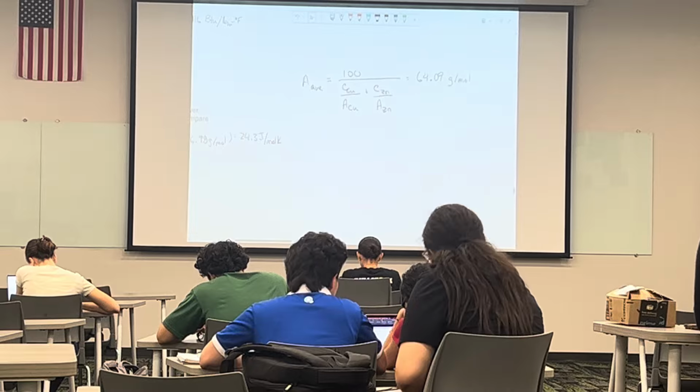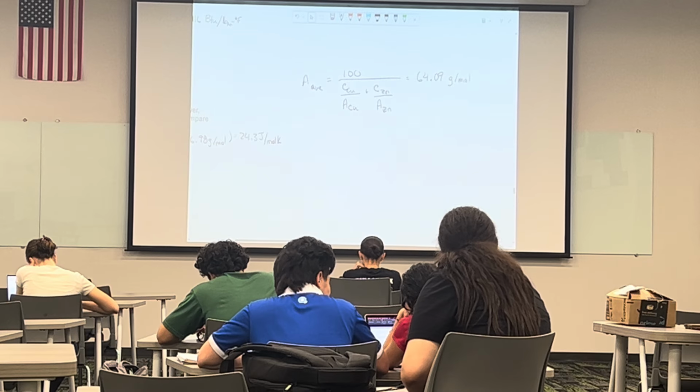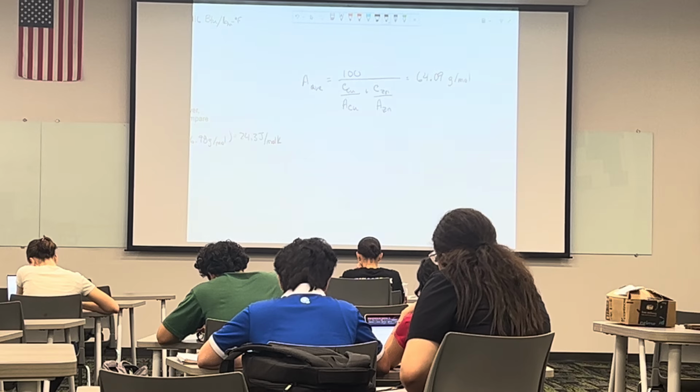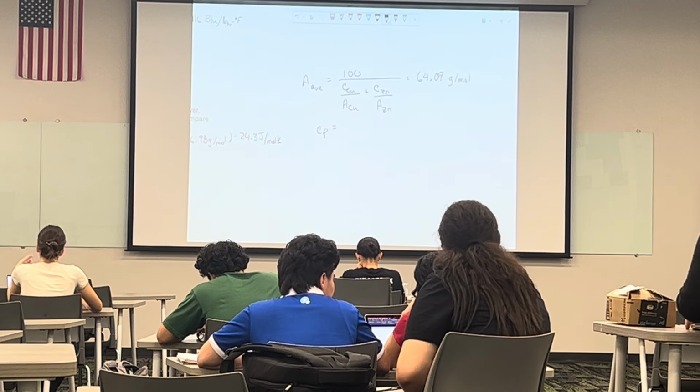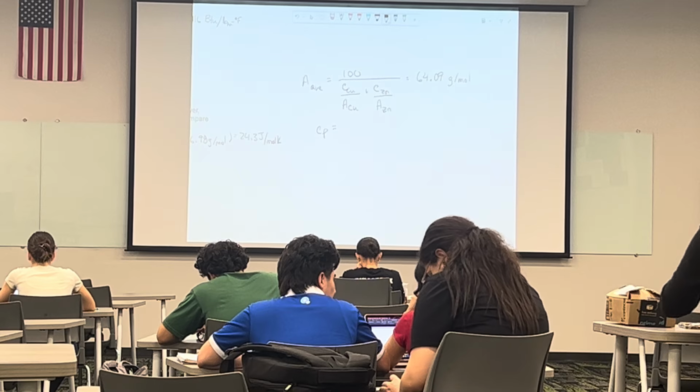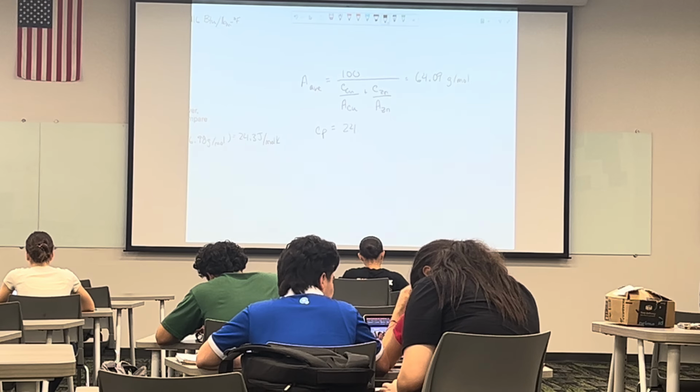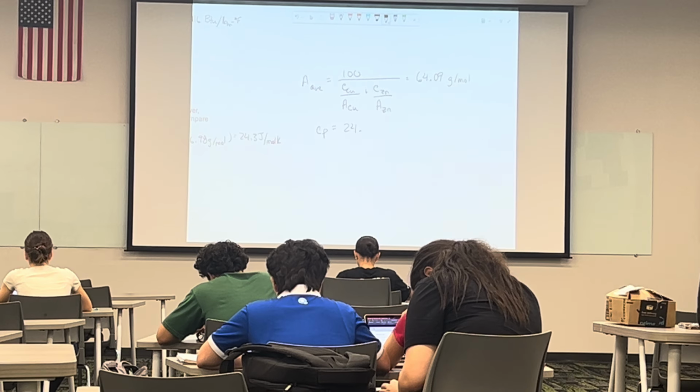Now that we have that, we can solve for the CP at room temperature for the brass, doing the same thing that we did before with the other ones, and it should end up with a CP of 24.